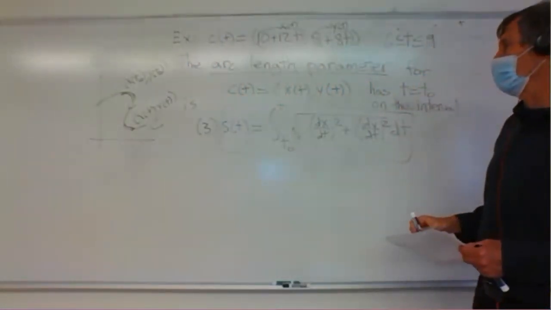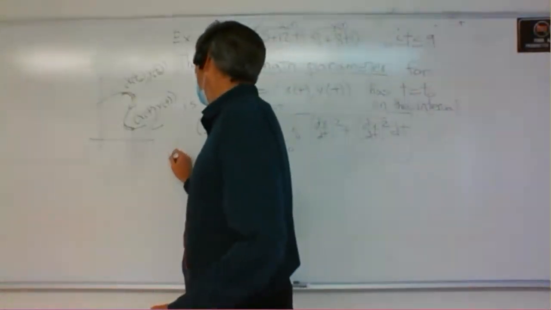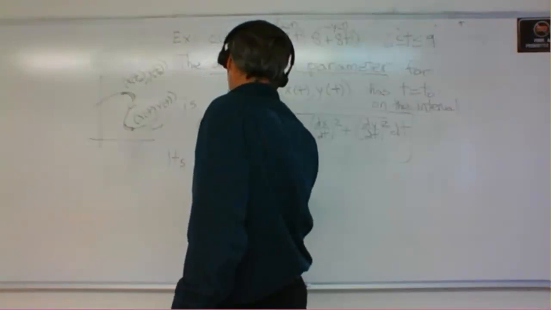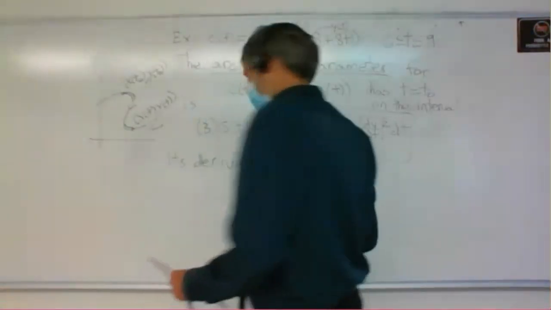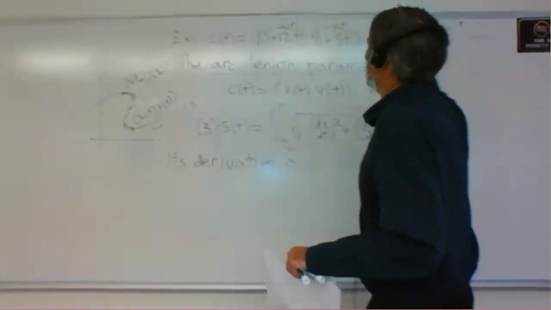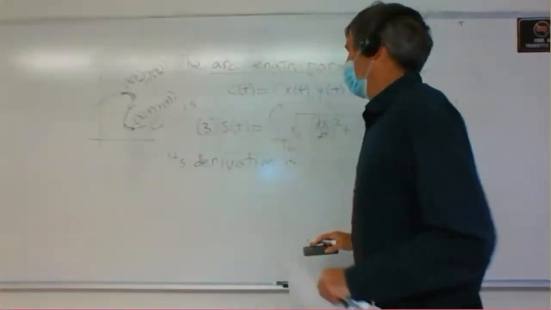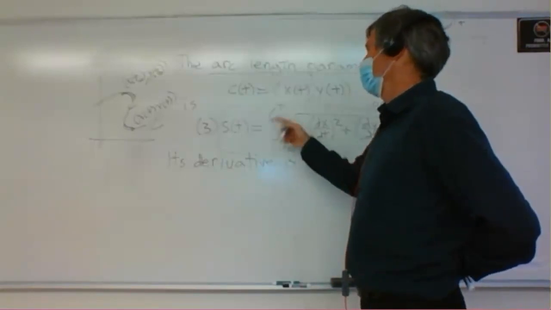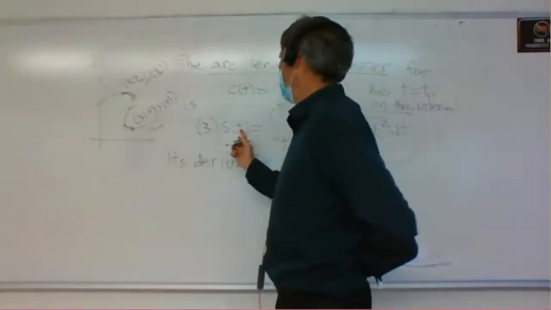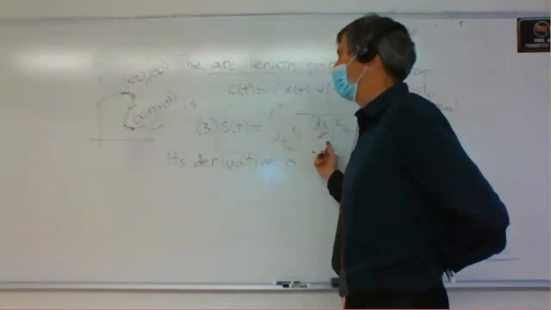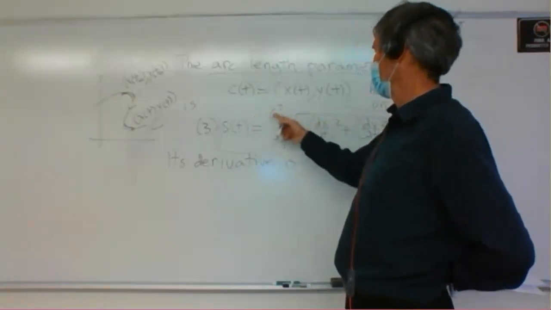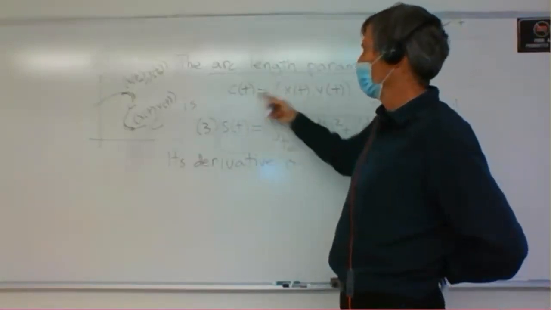And then it has this neat property. Its derivative is what? What should be the derivative of that thing? Well, think about it. By the way, the reason this is called the arc length parameter: if s is given as a function of t here, you can sometimes solve this for t as a function of s in reverse. If this is some function of t, you can undo it and solve for t as a function of s.